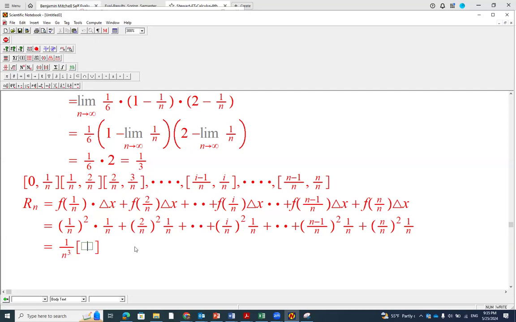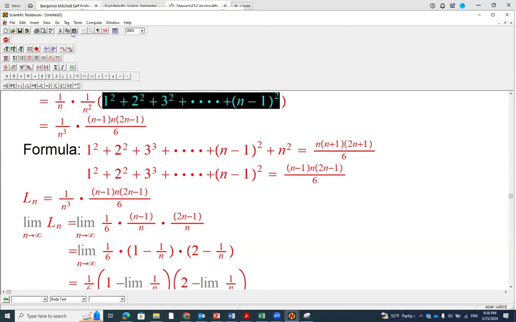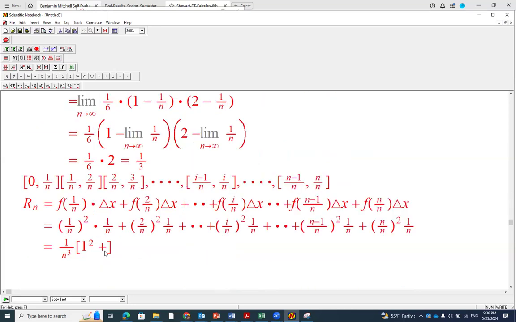Inside the bracket, we're going to have 1 squared plus 2 squared, all of these, plus n squared.